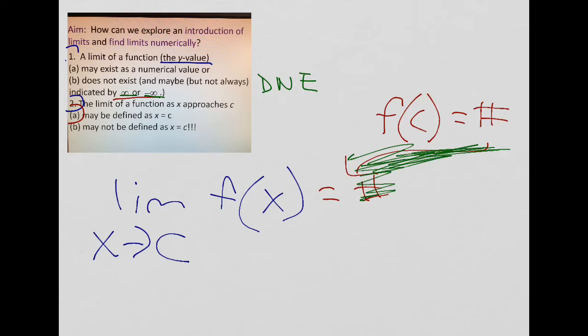The limit has a different answer. And that's what it's saying here in part B. It may not be defined as x equals c. So be very, very careful.